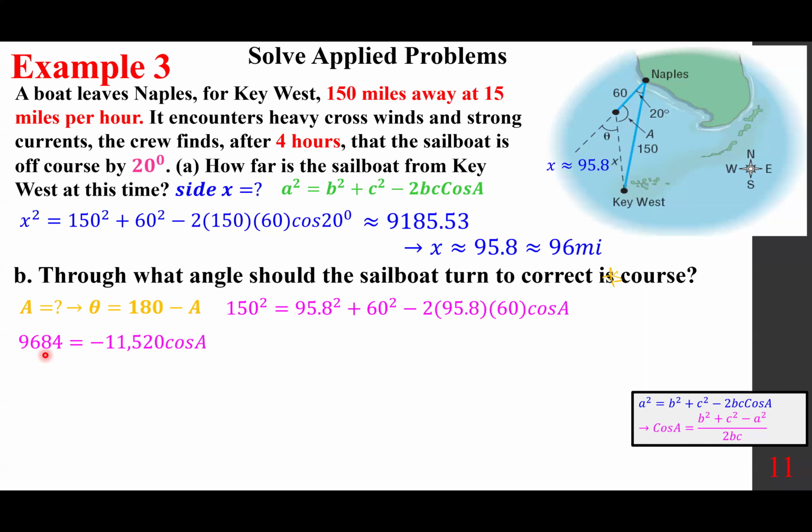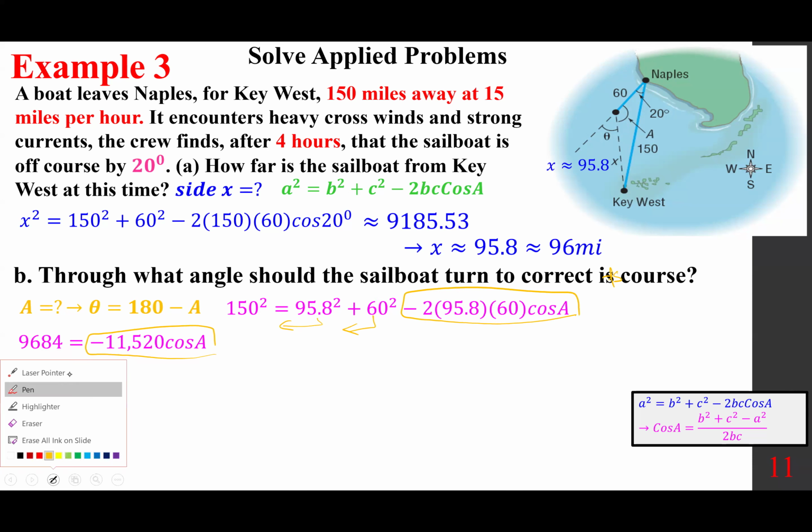We end up with 9684 being minus 11,520 cosine A. So we square this one, we square this one, we square this one. We move this one, we subtract, we move this one, we subtract, and this is the right-hand side. Okay, just to give you an idea. We divide by this number, negative 11,520, to get cosine A.